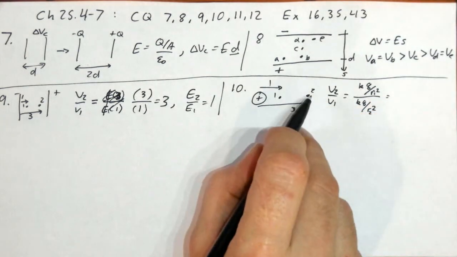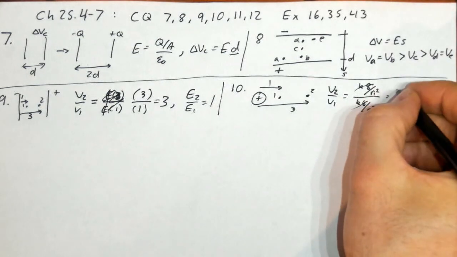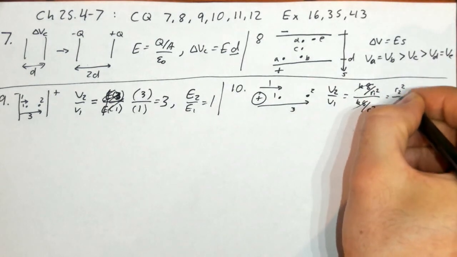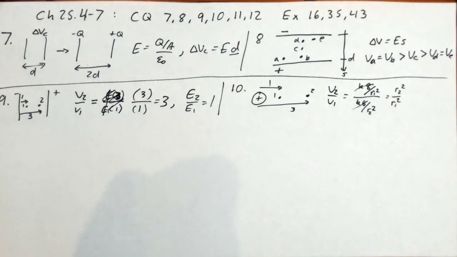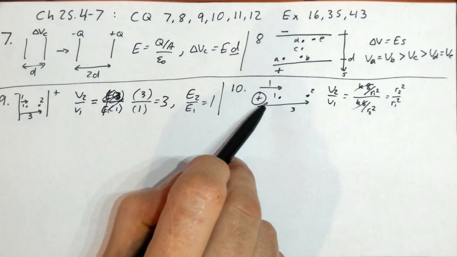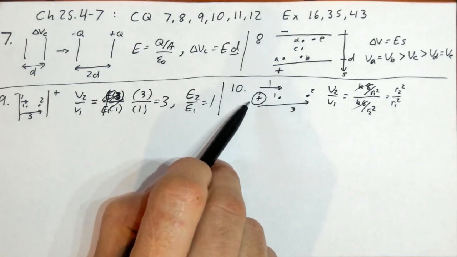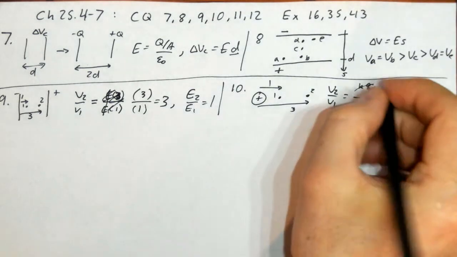So in this case, the KQs cancel, and so I simply end up with an R2 squared over an R1 squared... Sorry, I got myself backed up here. I wrote this wrong.